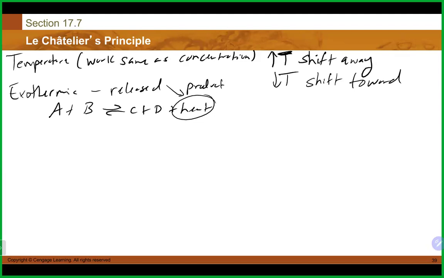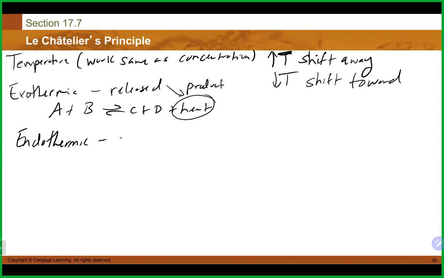So if you increase the temperature of an exothermic reaction, it should shift away from the right-hand side and go to the left. If you decrease the temperature, put everybody on ice, it should actually come towards the right-hand side or the product side. And that is different than in an endothermic reaction.